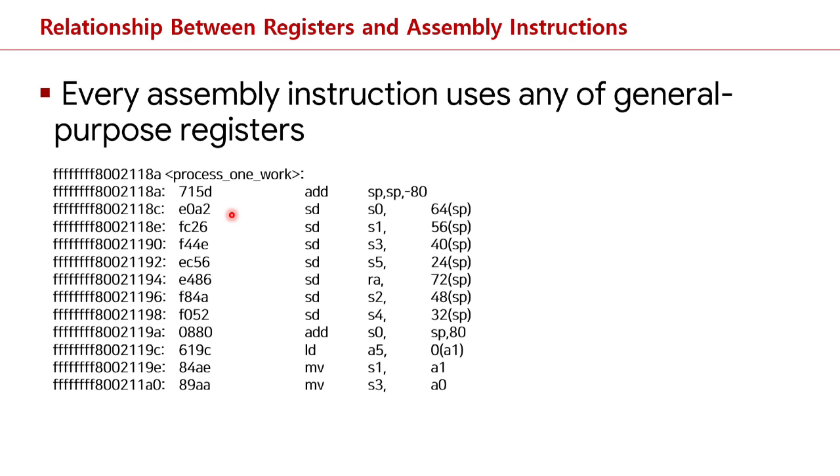Now, let's take a look at an example assembly instruction in the RISC-V architecture. This is a list of the assembly block inside the process one work, that is the K API in the Linux kernel. And every assembly instruction uses some of the general purpose registers. So please take a look at this. The add assembly instruction is together with the SP register.